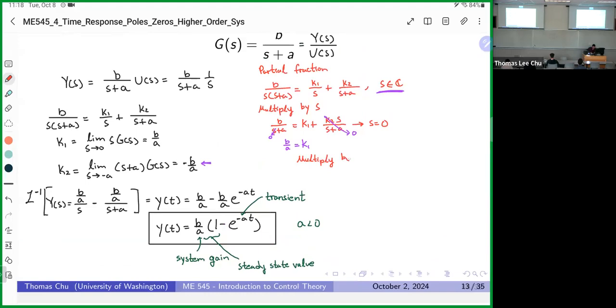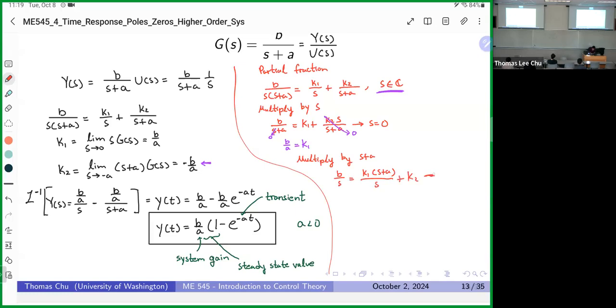Exactly. So you use values of S strategically to make solving partial fraction expansions a lot easier. Now if I multiply everything by S plus A, you get B over S is equal to K1 times S plus A divided by S, plus K2.